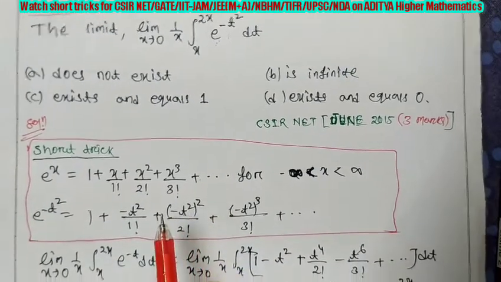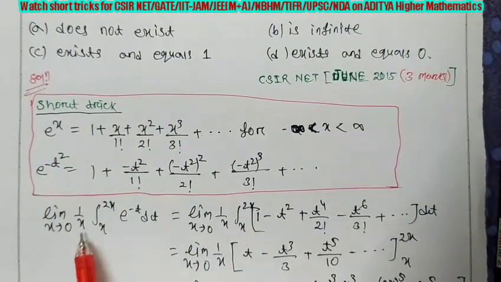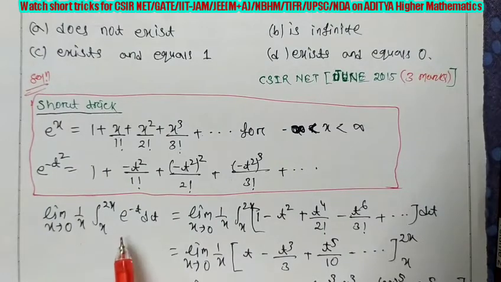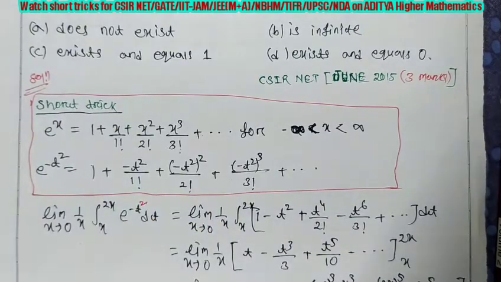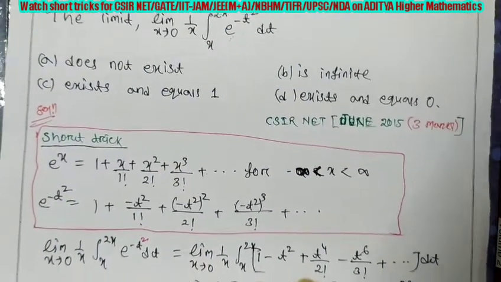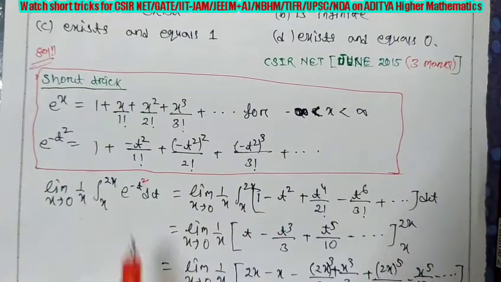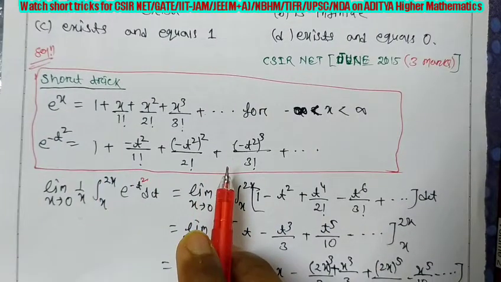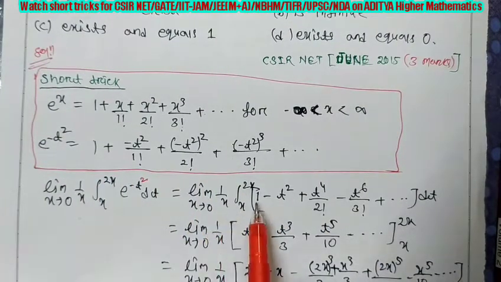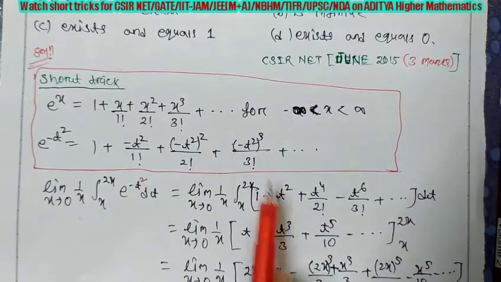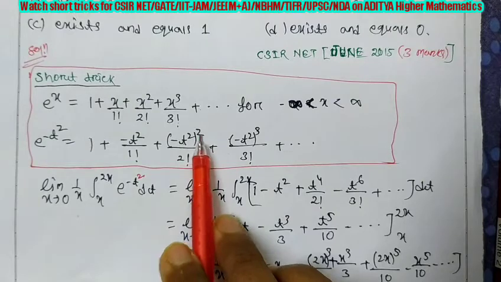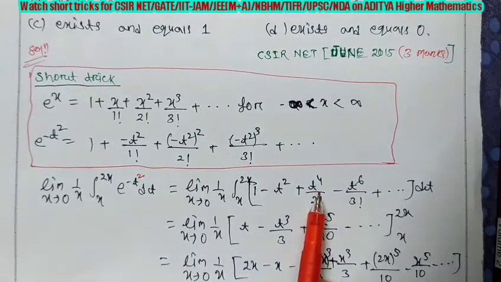So after that, now I am writing the question. Limit x tends to 0, 1 by x, integral from x to 2x of e to the power minus t square dt. Okay, so when it is minus t square dt, we can use its series. What is the series? 1 minus t square, but next its power is even, so you are getting t fourth.